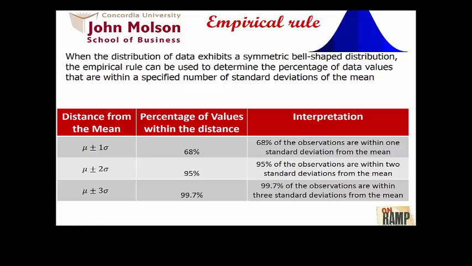So the interpretation is 68% of the observations are within 1 standard deviation from the mean. 95% of the observations are within 2 standard deviations from the mean. And if I have 3, 99.7% of the observations are within 3 standard deviations from the mean. So I can see there's not much left beyond the 3 standard deviations. This is important information.